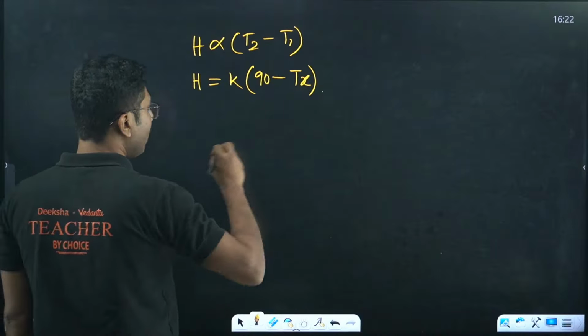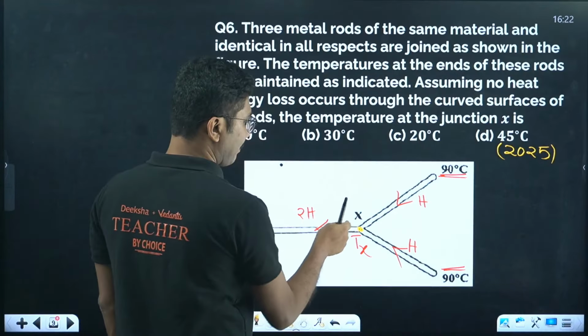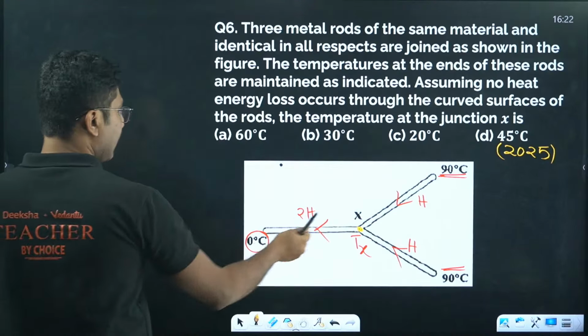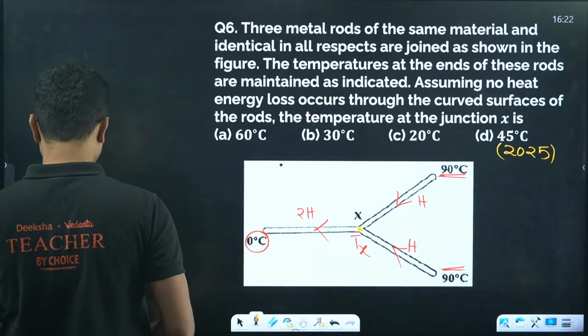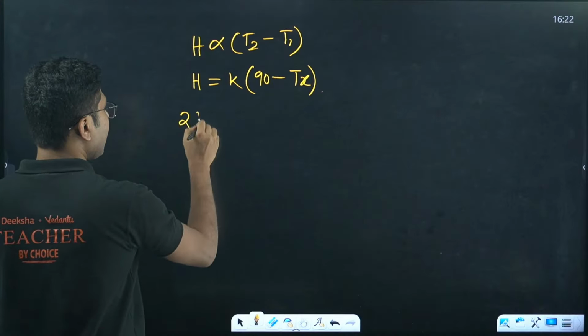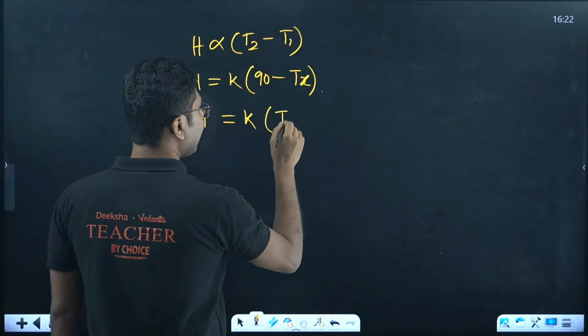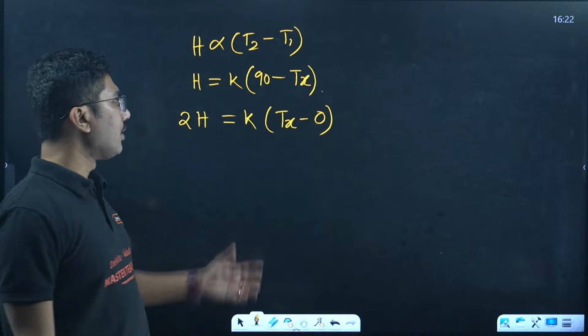So what about this heat? This H and this H are the same. What about this heat? It is 2H, starting at Tx and going till 0 degrees. So 2H must equal K into Tx minus 0. Any doubt?